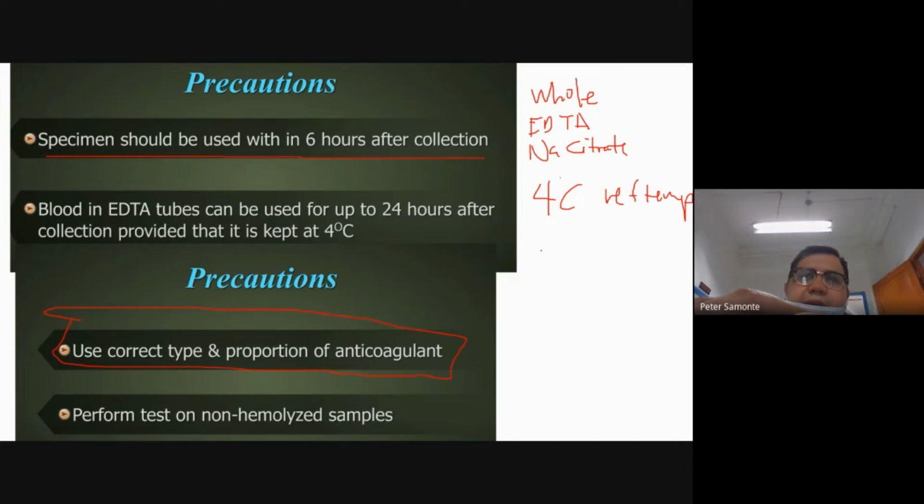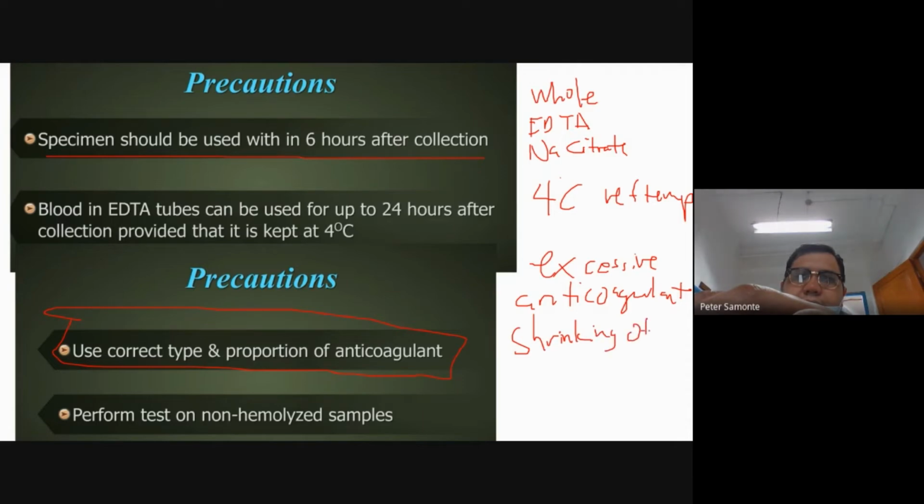So sabi ko nga kanina, class, if you have excessive anticoagulant, that would lead to shrinking of the cells. At kapag nag-shrink yung cells, class, you would have an elevated ESR, kasi ang bilis niya mag-pack dahil ang liliit ng cells.